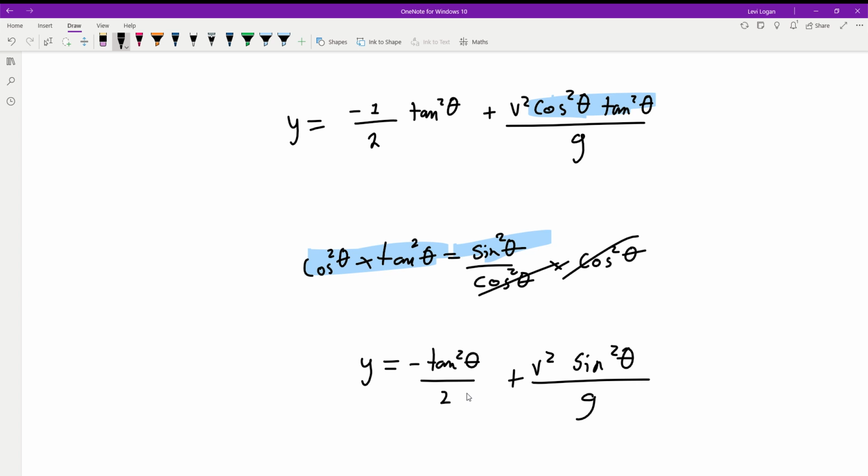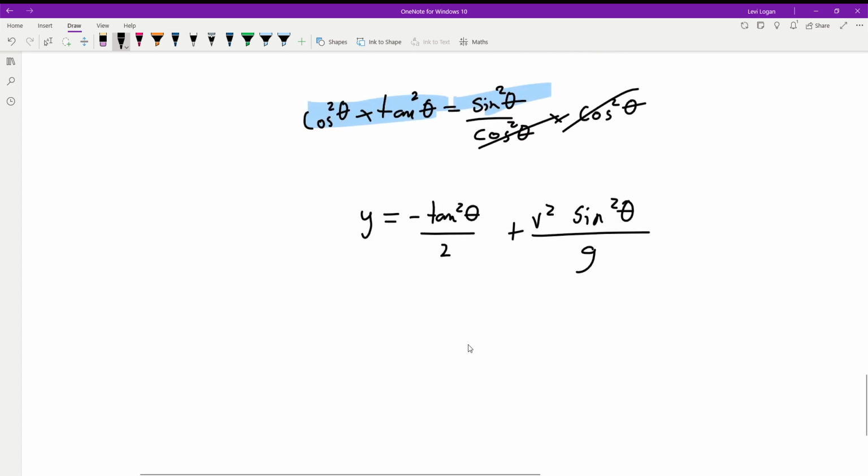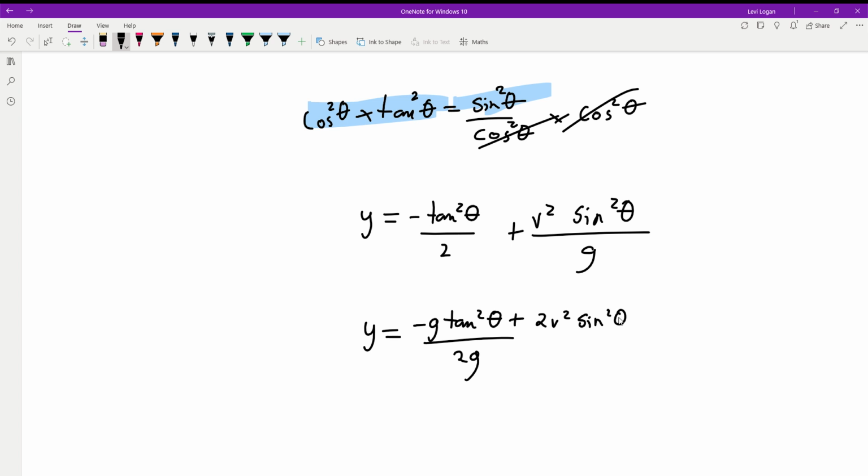Okay. Now we want to combine those two together. So we're going to multiply both sides by g here. So y equals negative g tan squared theta on 2g, and multiply this by 2, so you get plus 2v squared sine squared theta on 2g.